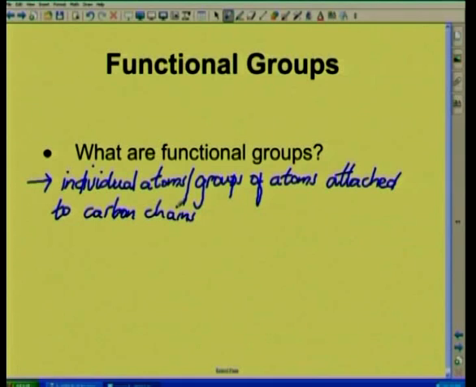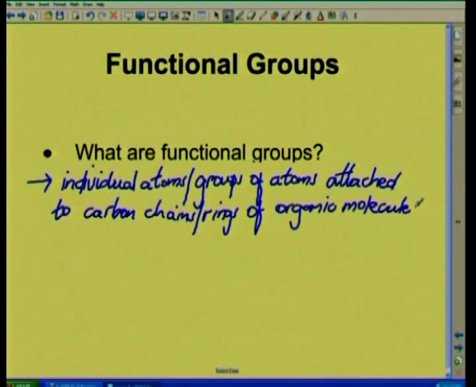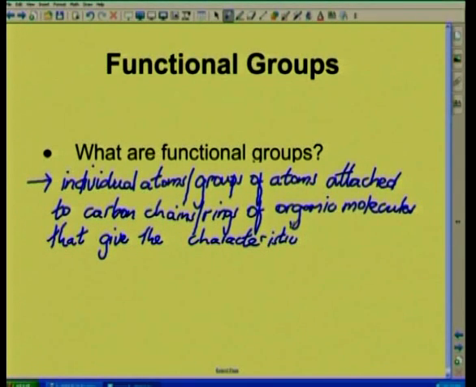So these groups of atoms or individual atoms are attached to carbon chains or carbon rings, okay, of organic molecules, that give the characteristic properties of such molecules. Okay, so these are the functional groups. This is by and large a definition of what a functional group is.